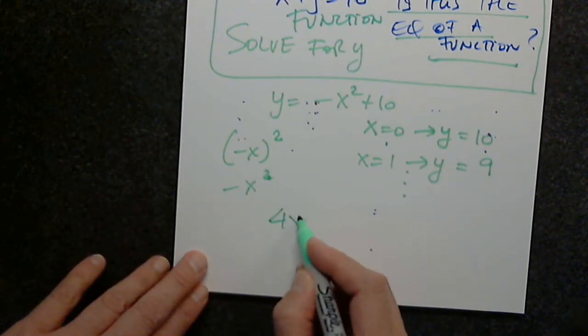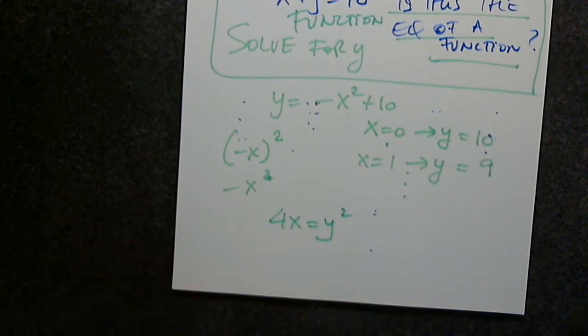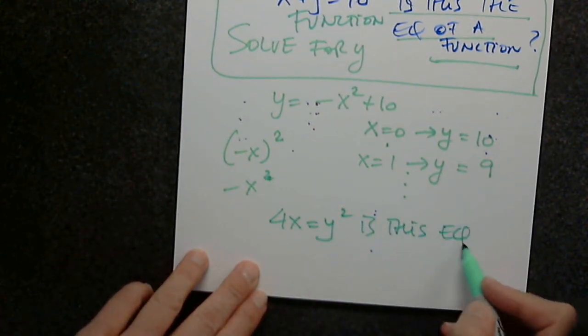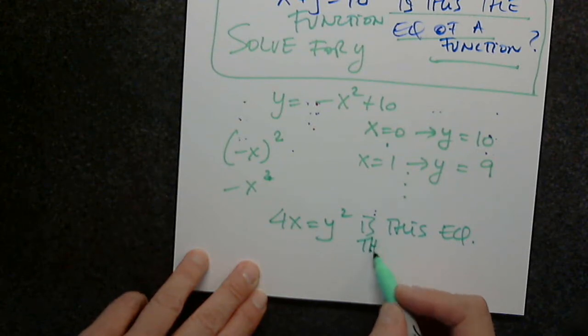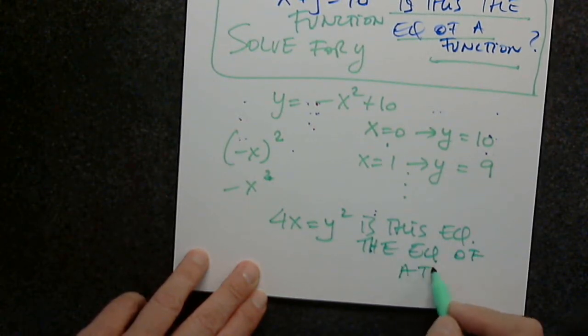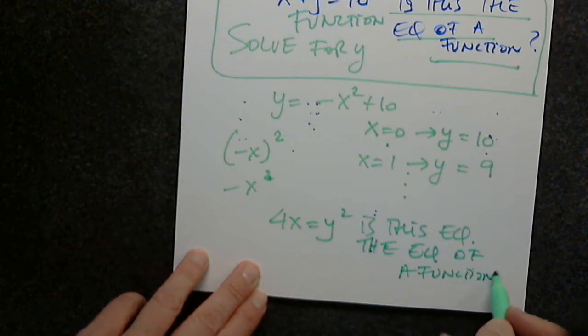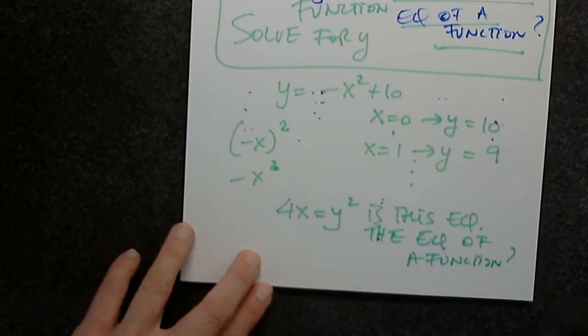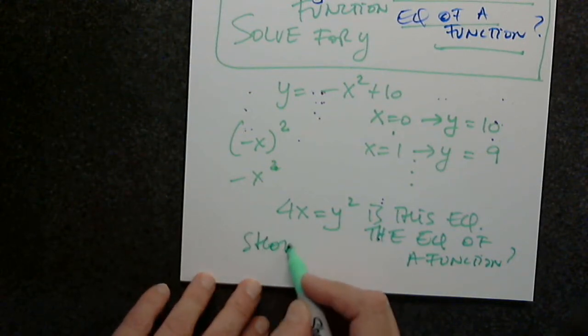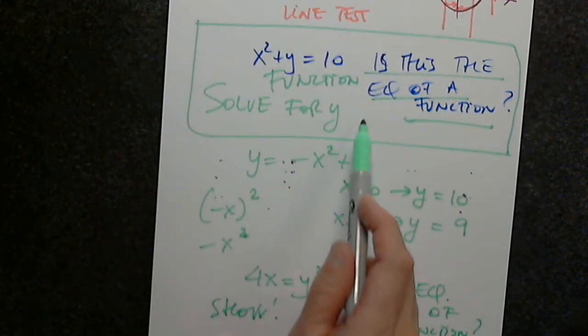Now let's say we have 4x equals y squared. Same question. Is this equation the equation of a function? I cannot just say yes or no, but you're correct. I have to agree you're correct. But I have to show.